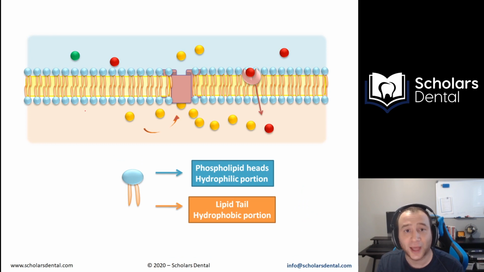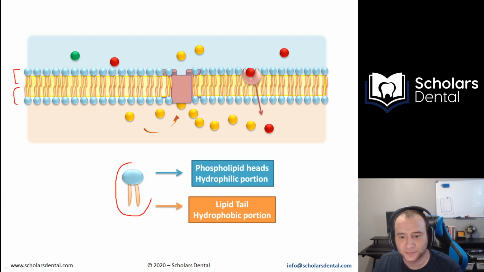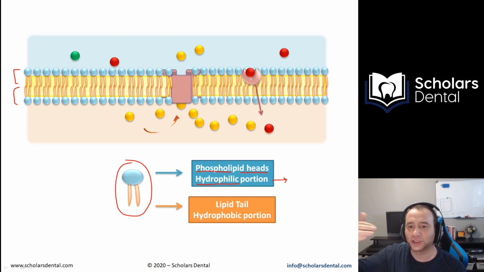Let's review that again, because it's very important. The cell membrane is two layers of phospholipid. Here's one phospholipid. The head portion is hydrophilic. It likes water, so I have it in blue, because let's imagine that it's watery.